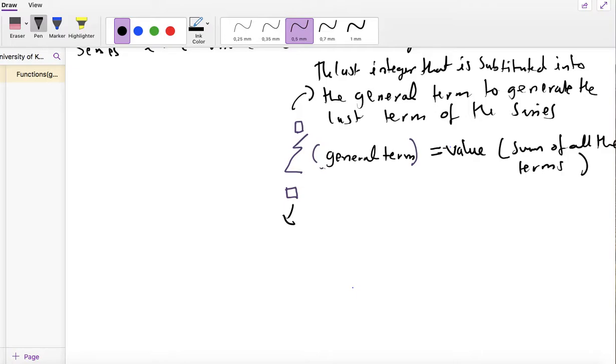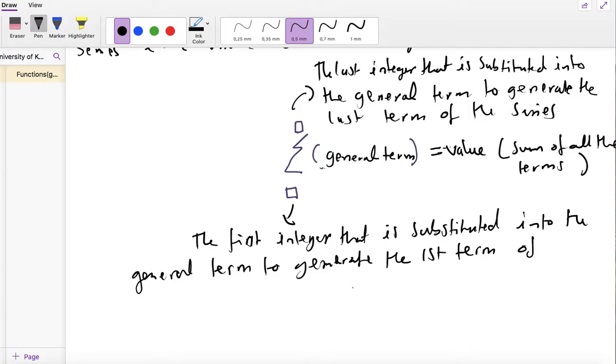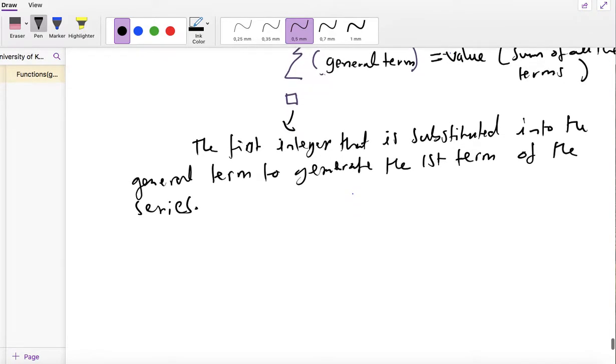And the bottom guy here is the first integer that is substituted into the general term to generate the first term of the series.